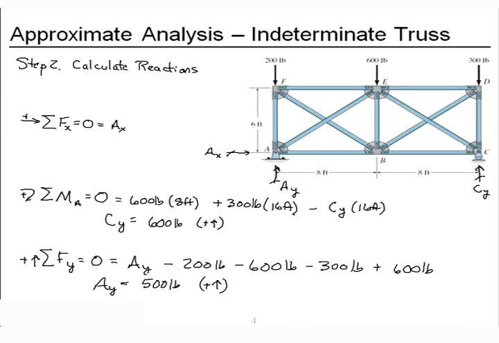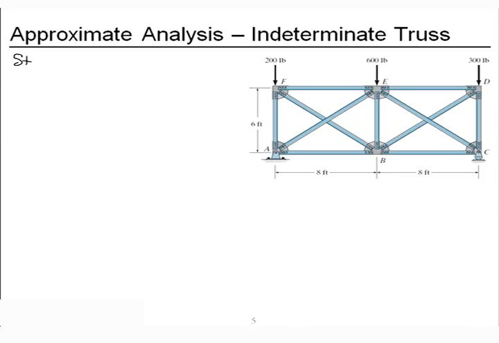Now we're ready to figure out how many assumptions we need. Step 3. We're going to make our simplifying assumption or multiple assumptions. So let's actually figure out how many we need.